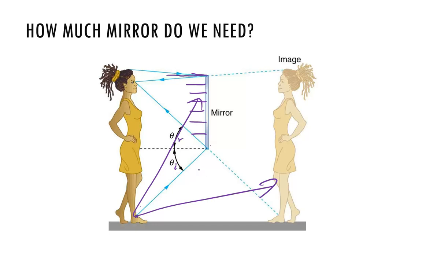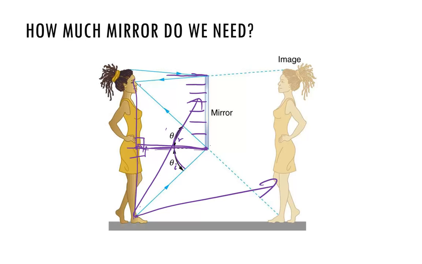To see her feet, she only has to look halfway down. If you just do triangles, we have similar triangles: a right angle, the angle of incidence and angle of reflection are the same, and this side of the triangle is the same.